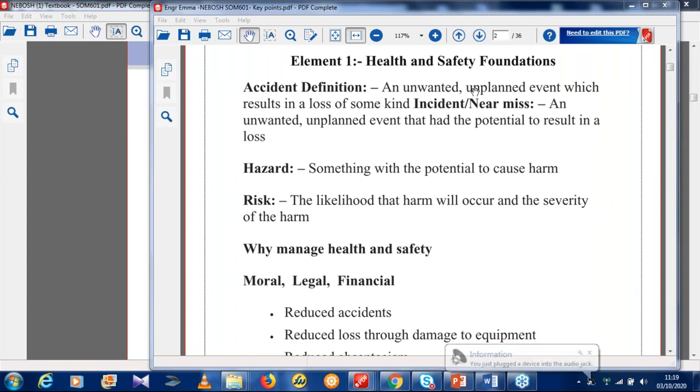Now we have 4 basic areas. Let me quickly mention them before I go further. We have the natural sciences, the applied sciences, the social sciences, and the formal sciences.